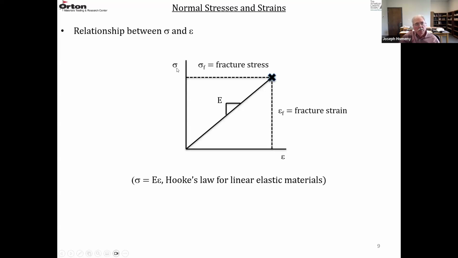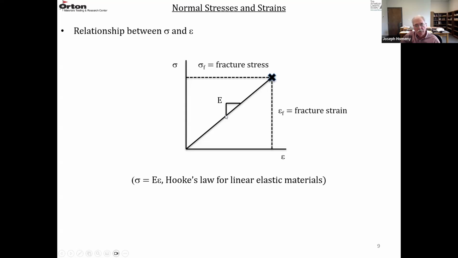So if you measure the stress strain on a mechanical test machine, if the material is brittle, it's going to be linear elastic. It's going to follow Hooke's law for linear elastic materials. So stress is going to equal Young's modulus times the strain. So a stress strain plot from a mechanical test machine will give you a linear type relationship.